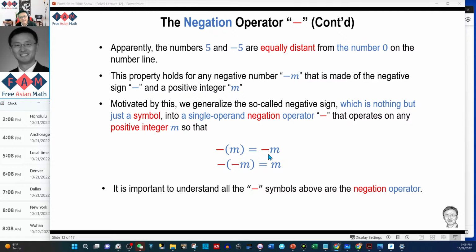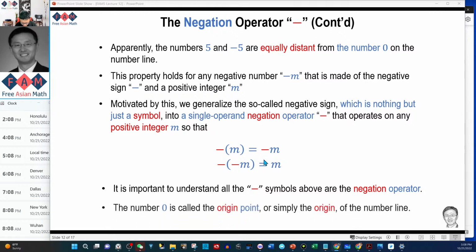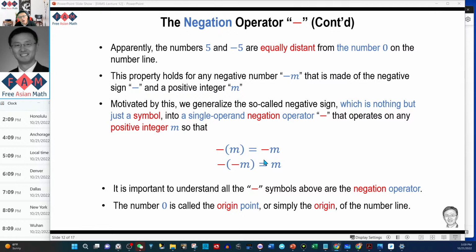Now don't ever get confused. What is negative 8? It's a negation of 8. Even when we write negative 8, that negative sign is the negation operator. And we call 0 the origin point, or simply the origin of the number line.